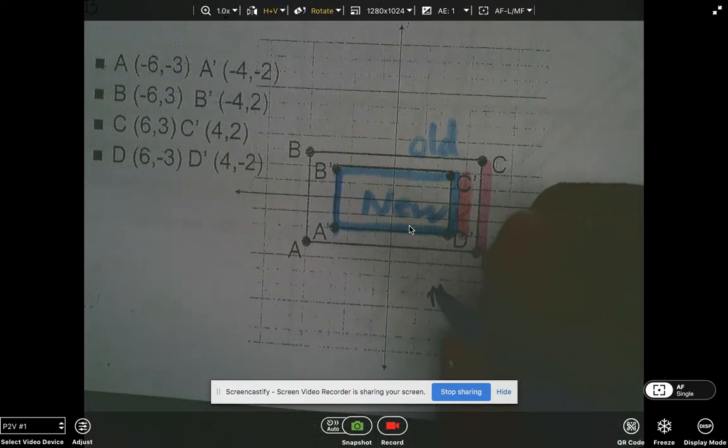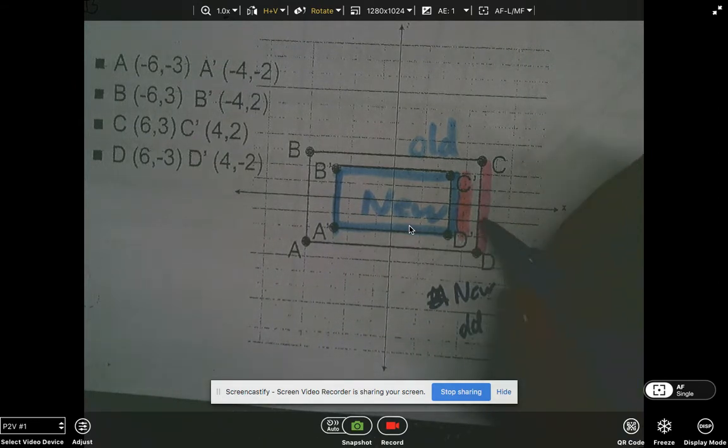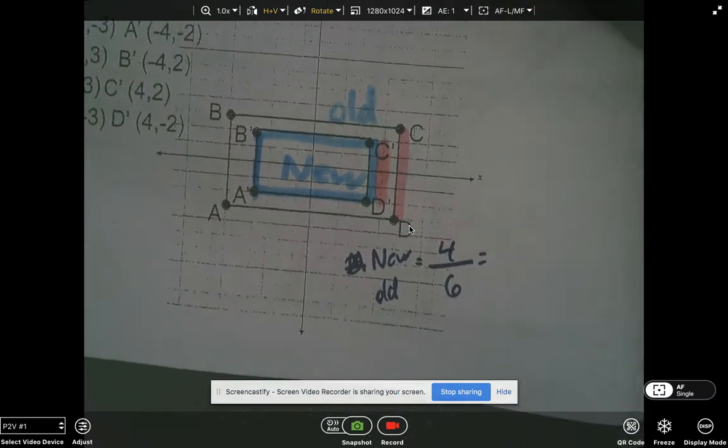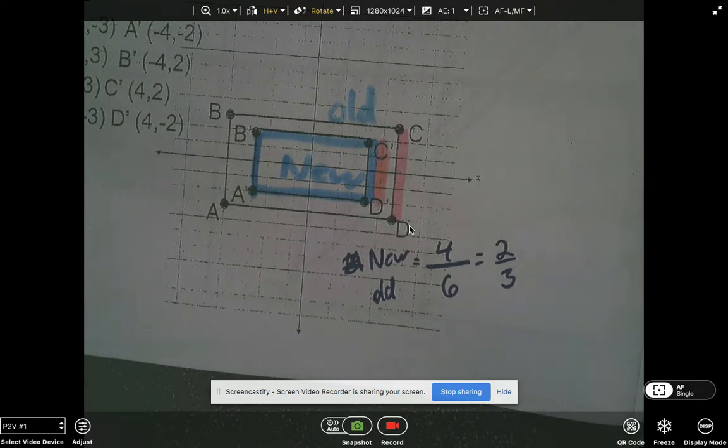I do new divided by old. Yeah, it is 1, 2, 3, 4. And then what is my old side length? 1, 2, 3, 4, 5, 6. Can anyone tell me what 4/6 simplifies to as a fraction? Yeah, 2/3.